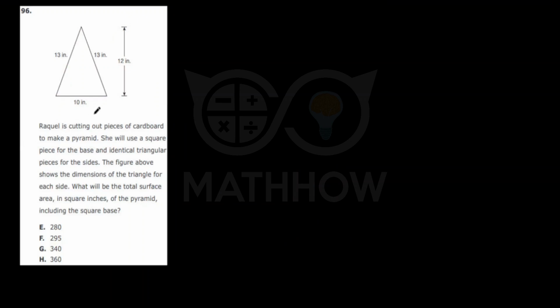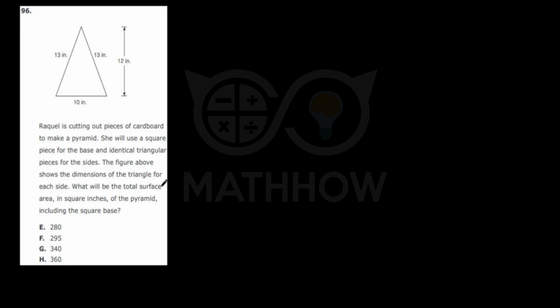Question number 96. Raquel is cutting out pieces of cardboard to make a pyramid. She will use a square piece for the base and identical triangular pieces for the sides. The figure above shows the dimensions of the triangle for each side.